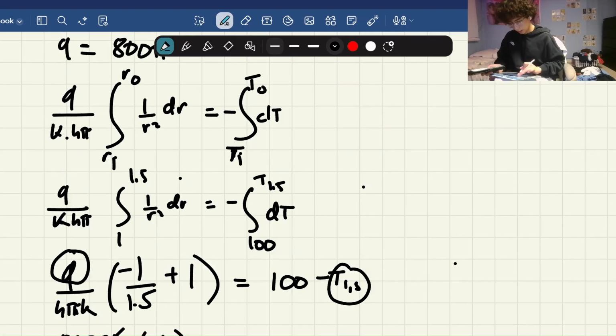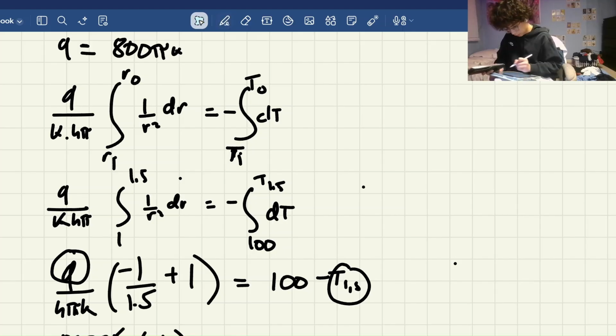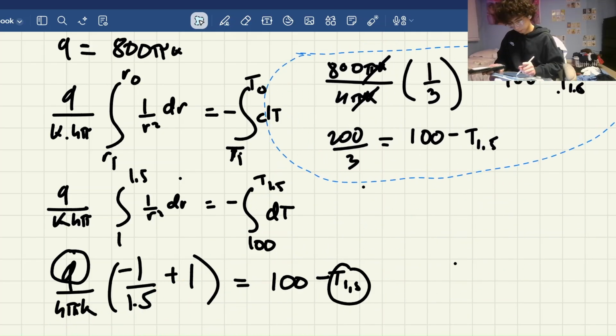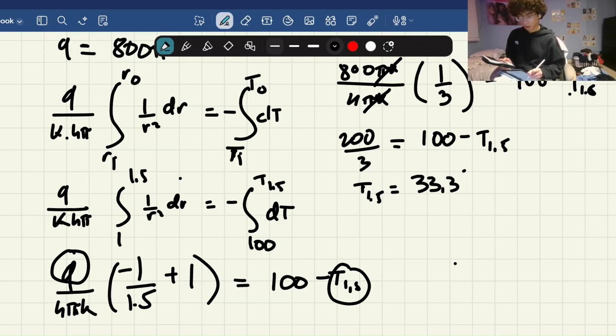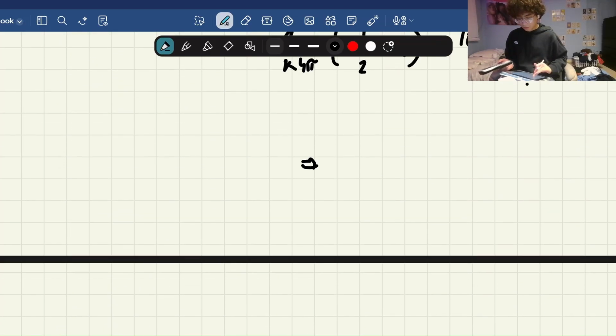You guys see over here? So we have T at 1.5 equal to 33.3 degrees Celsius.